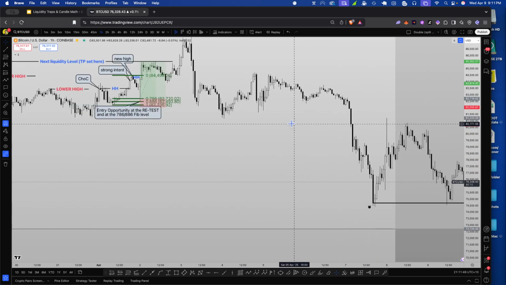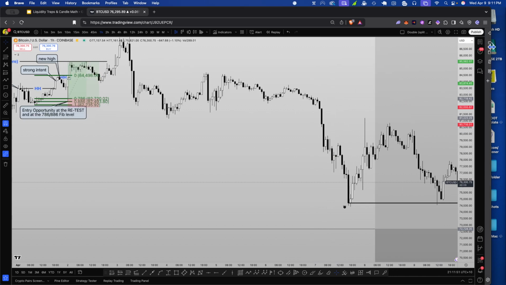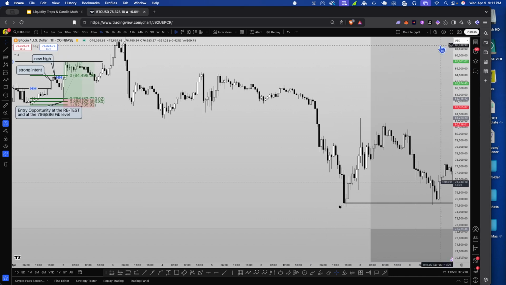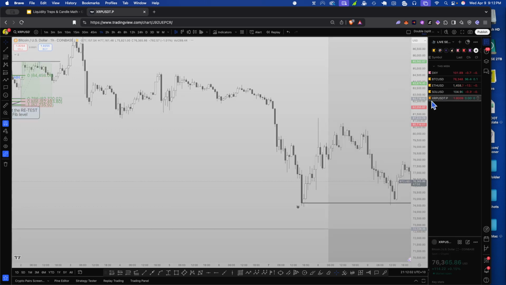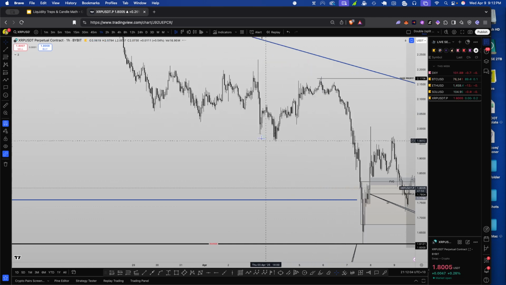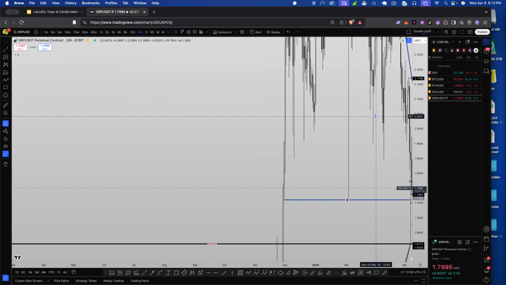Everything works the same. There are some pairs, however, that do like to wick, and you've got to be mindful of that. And also, depending on where you trade, you'll find that if there is low liquidity, wicks can be quite prominent. I'll bring out XRP now, because XRP loves to wick, unfortunately.